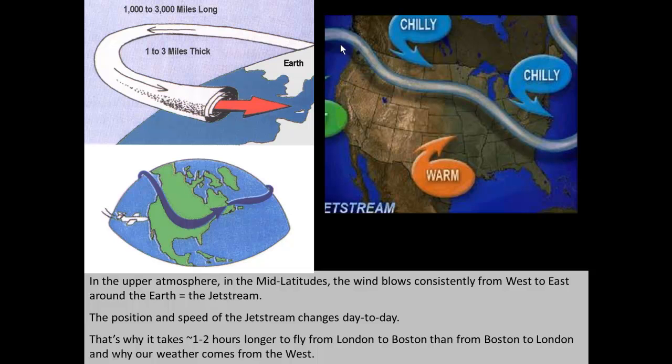That's also the reason why our weather always comes from the west, because the storms and rain and clouds and tornadoes and whatever the case might be are blown across the country by the jet stream. So if you want to think about weather in New England, it is blown towards us by the jet stream.